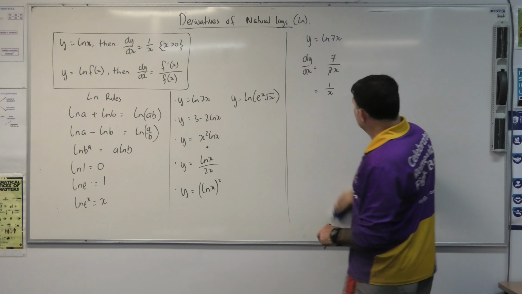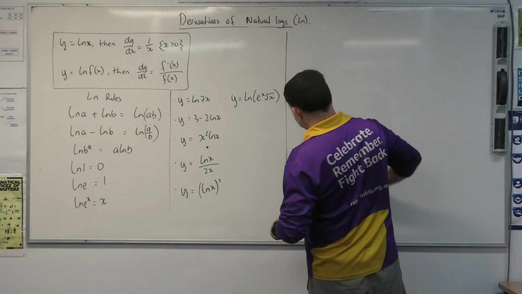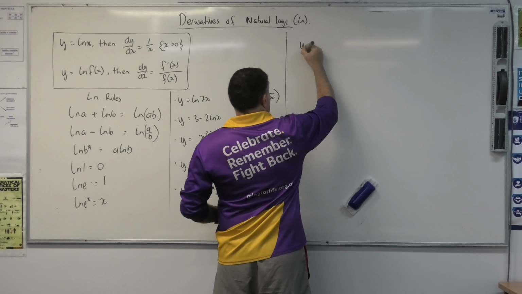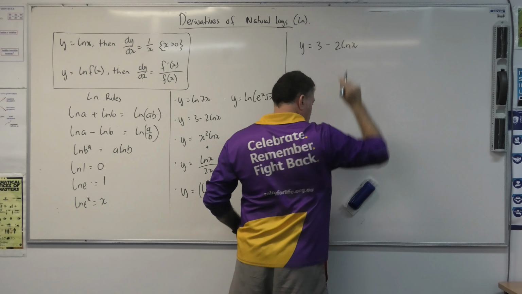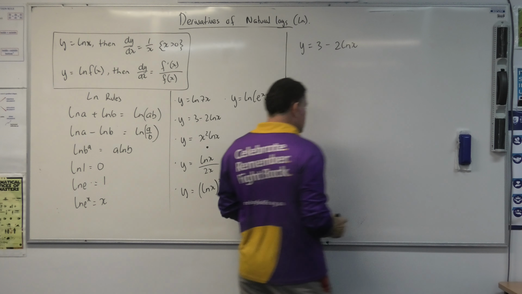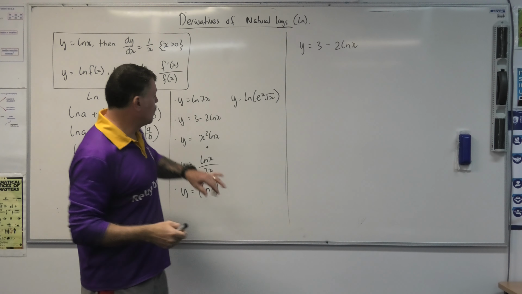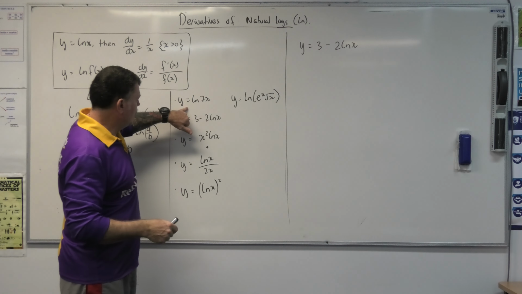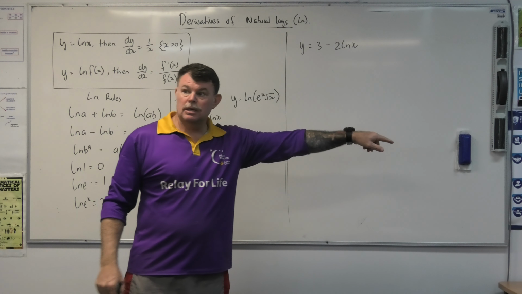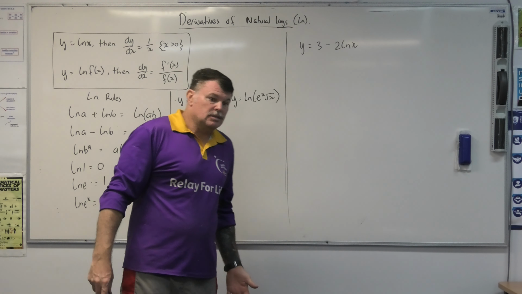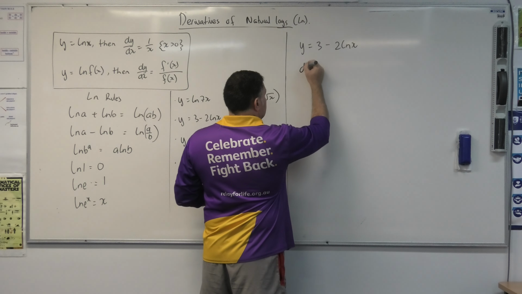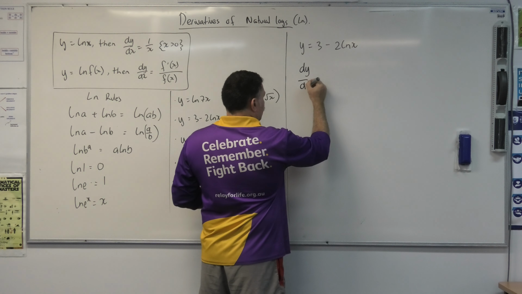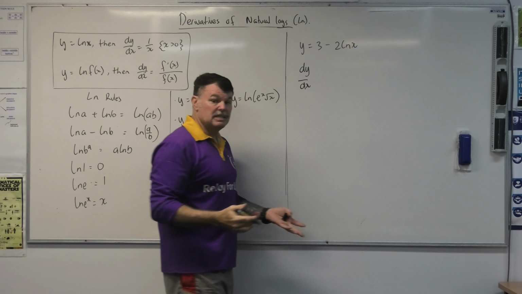Okay, let's have a look at the second one. So the second one is y is equal to 3 minus 2 ln x. This type of question is different to what we had for our first one. It's not ln 2x, it's 2 ln x. So let's differentiate it. We've got a constant, that's going to give me a 0.